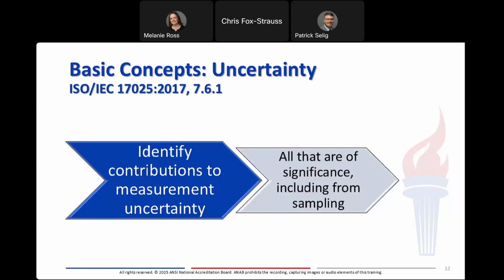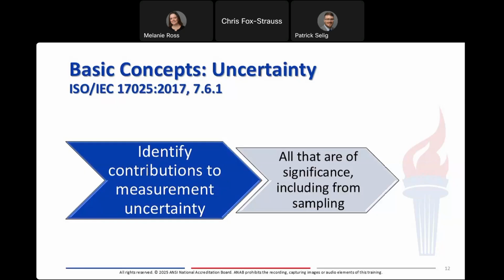Moving on to our next basic concept of uncertainty, the standard provides in 7.6.1 that laboratories need to identify contributions to measurement uncertainty, including all that are significant, including those from sampling. Testing laboratories need to keep this in mind if they are pulling calibrations in-house, because it's important to have measurement uncertainty for the calibrations that are being performed.